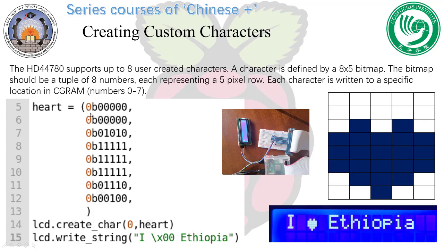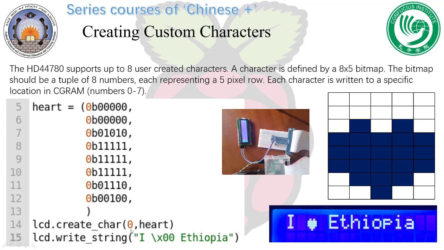Today you begin with 0b, and for 5 white pixels we use 5 zeros, and also a comma. The second row is also 5 zeros, and the third row is 0 1 0 1 0. Just like that we finish this bitmap, and then use the create char method.